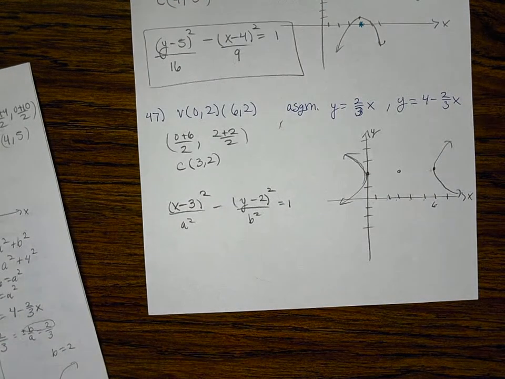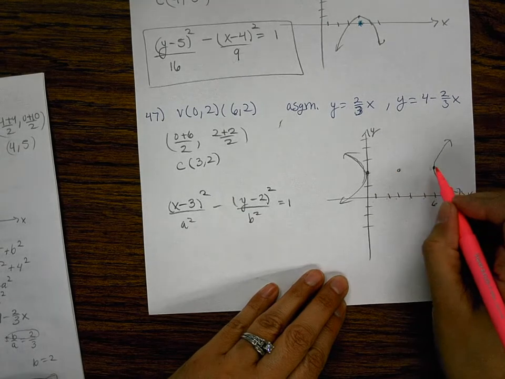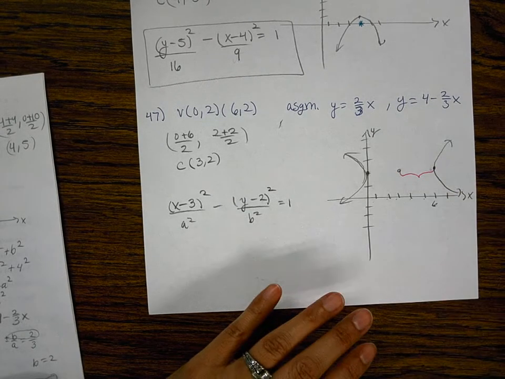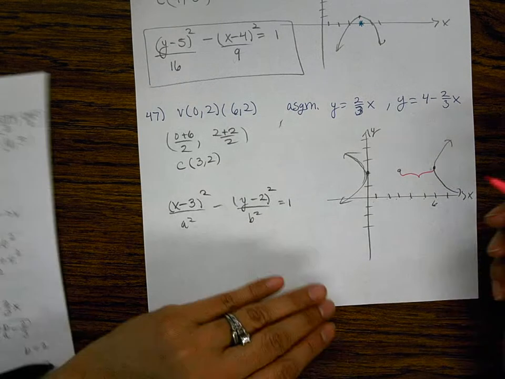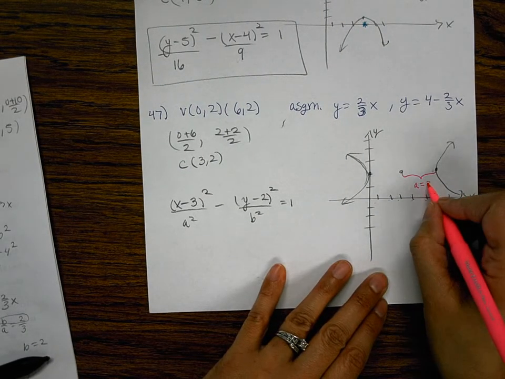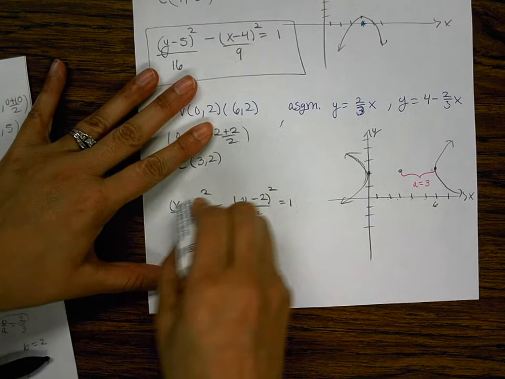All right. From the center to my vertex is either a or b, and in this case, since it's going right and left with the x-axis, that is my a value, and my a value here, if you were to count, is 3. 3 squared is 9.